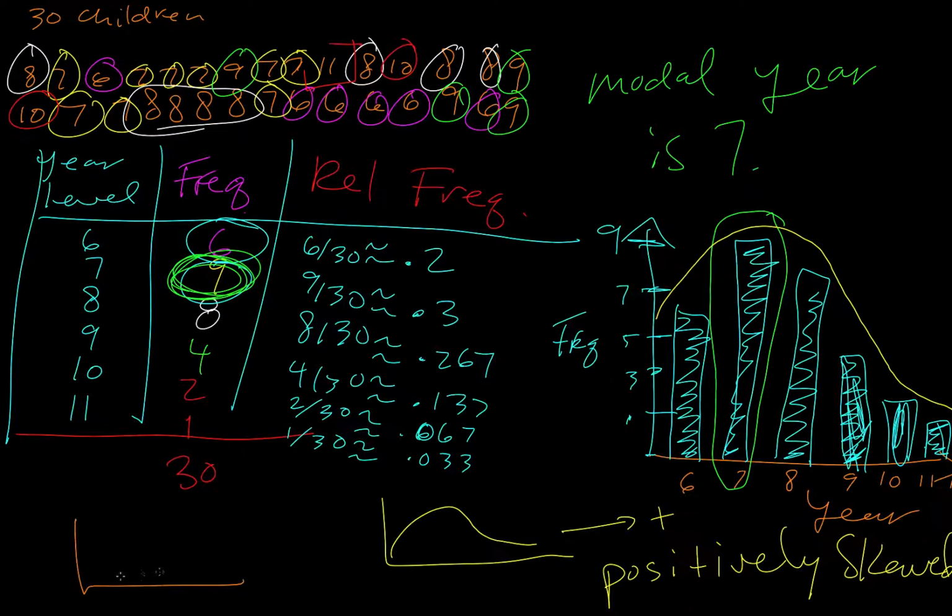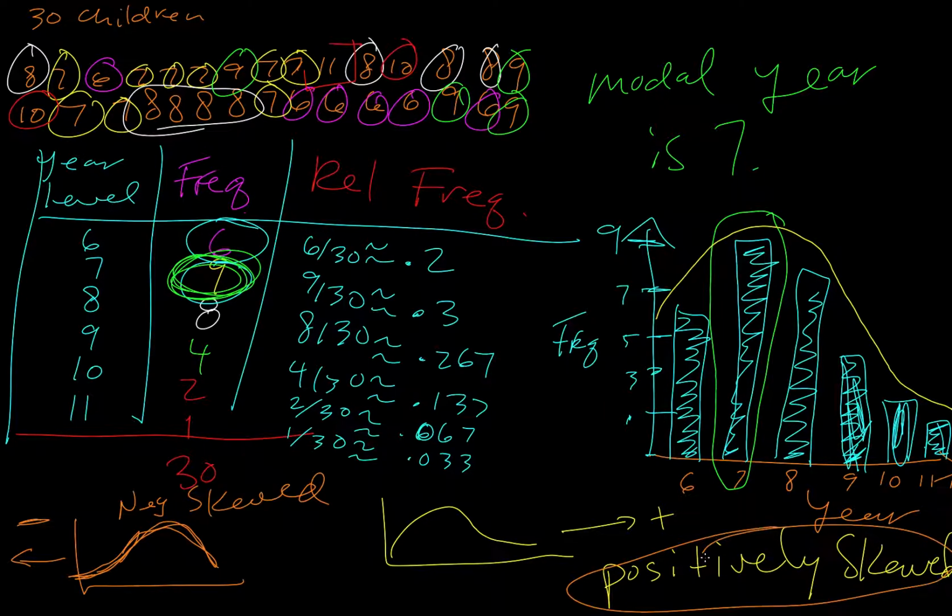If we were to have one that looked more like this, I'm not doing a good job drawing this, but if this piece went more towards the negative direction, then we'd say it's negatively skewed. But for our data, it's this situation, positively skewed.